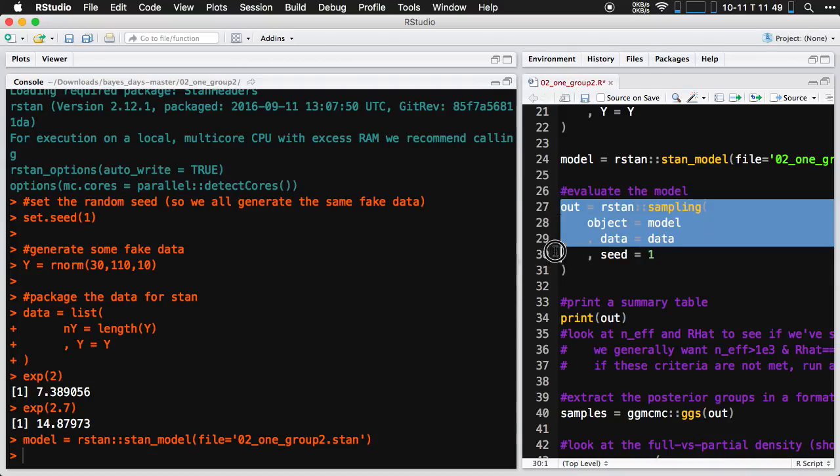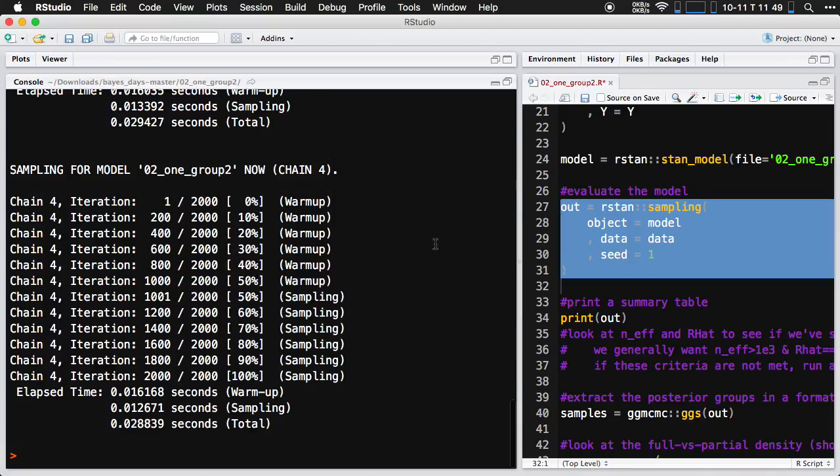But as is, I'm giving it 3 arguments: object, data, seed. And what's going to happen is something quasi-random behind the scenes. It's actually going to do the same thing 4 different times, each time starting at a different point in a random search.